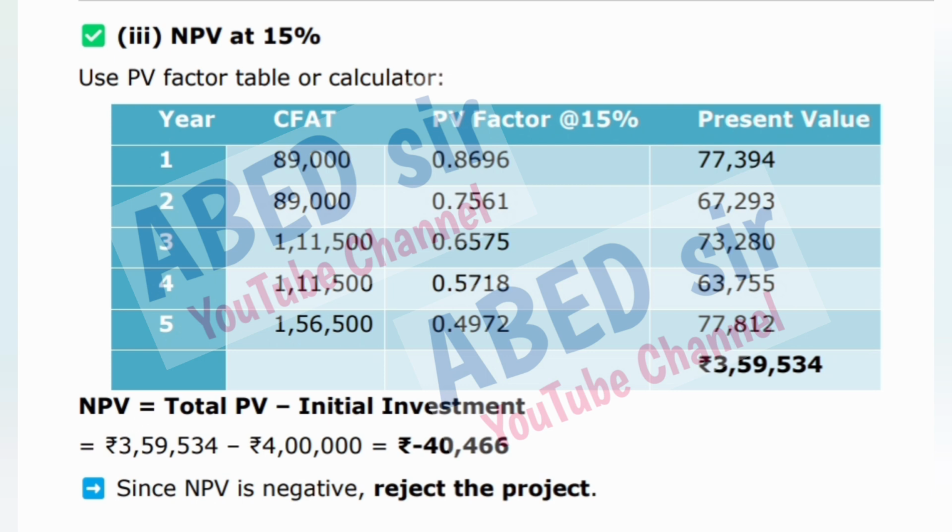Total present value is 3,59,534 rupees. NPV is equal to total PV minus initial investment is equal to 3,59,534 rupees minus 4 lakhs rupees is equal to negative 40,466 rupees. Since NPV is negative, reject the project.